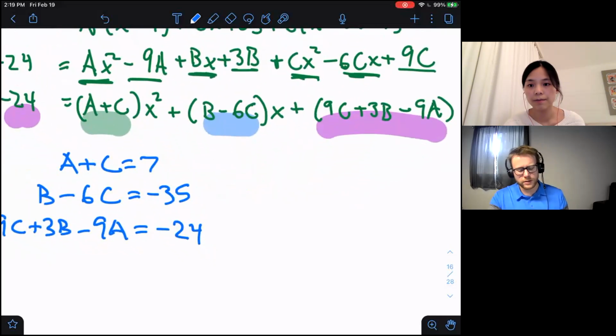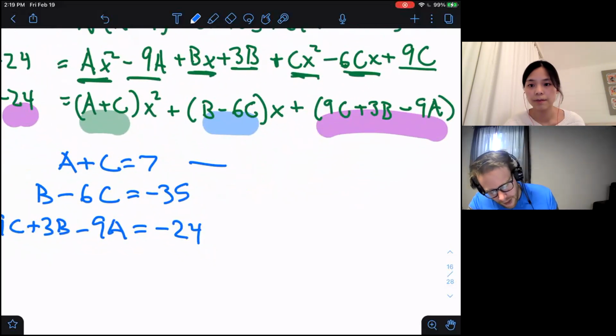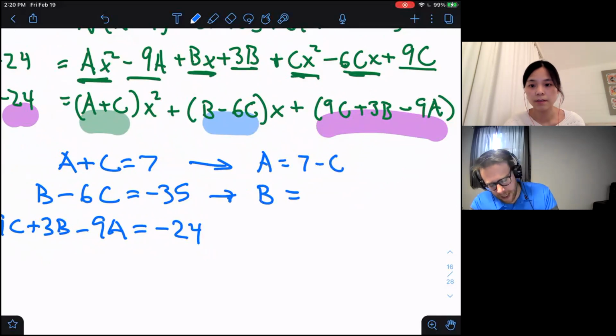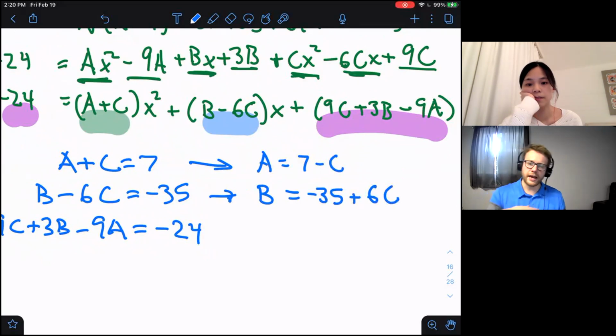So if I use substitution in this, I'm going to rewrite this first one as a is equal to 7 minus c. For the second one here, I'm going to write b is equal to negative 35 plus 6c. Notice that I got all of these, right, subbing in my a's and my b's for some number of c's.